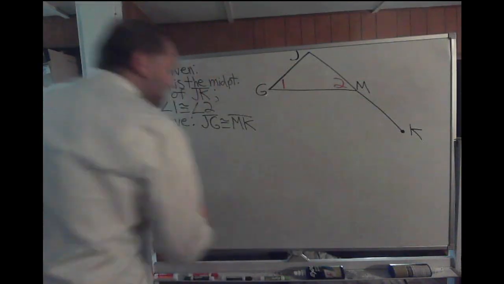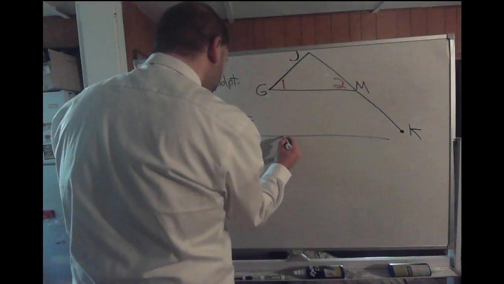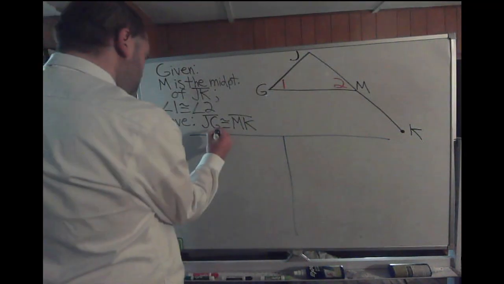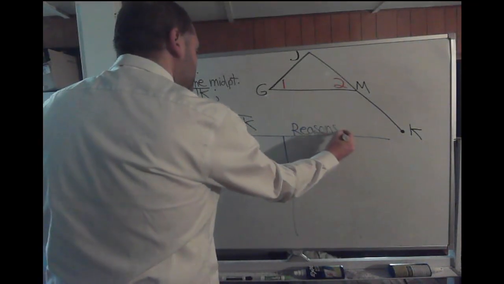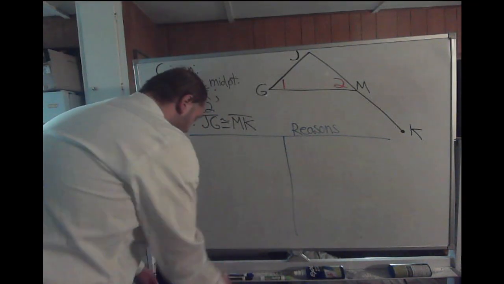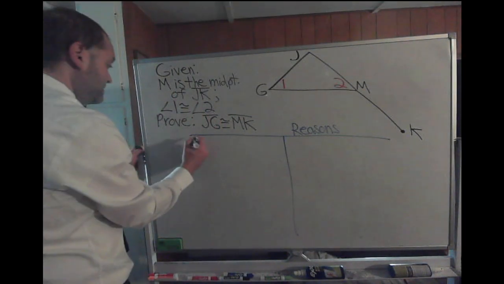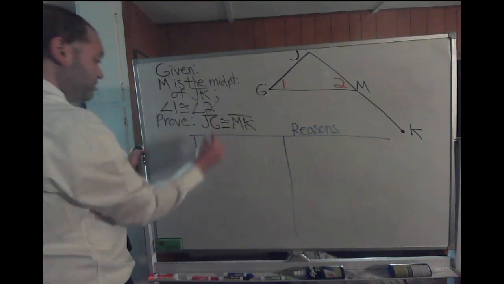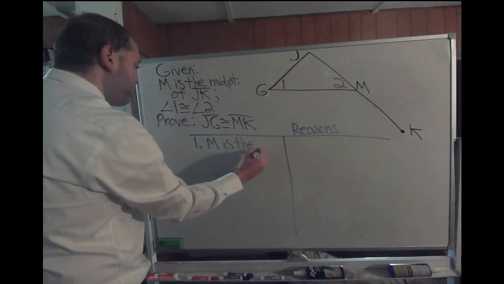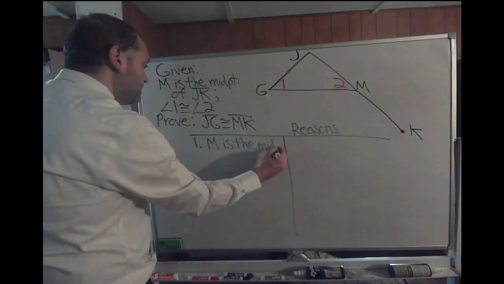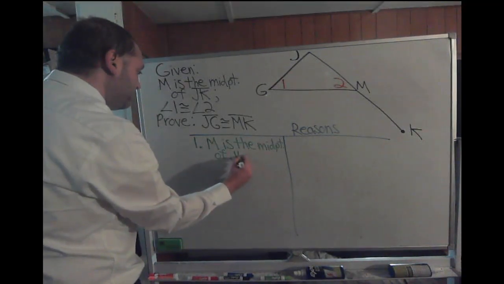So let's go ahead and set up our columns again here. Okay, we'll put the reasons here. I'll put the statements on the left. So let's go ahead here with our very first statement. I would just use the first piece of the information that M is the midpoint of JK.